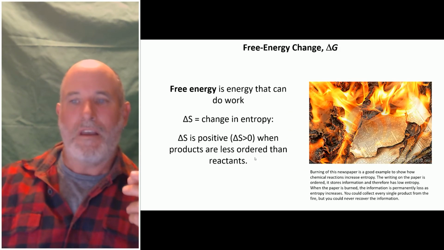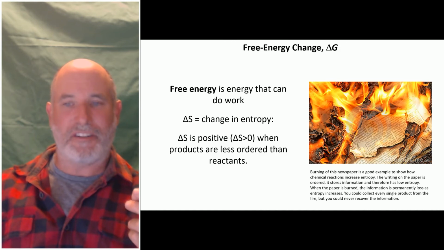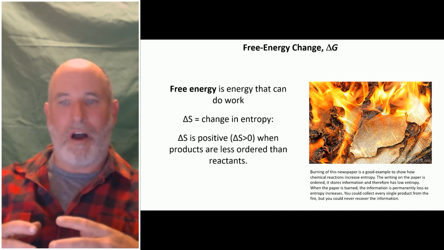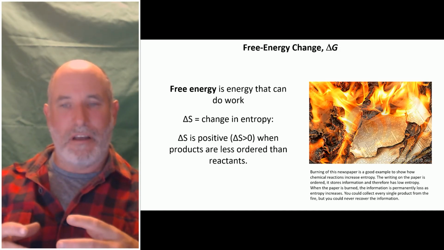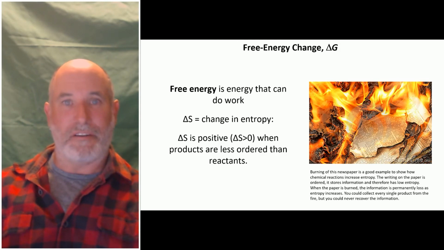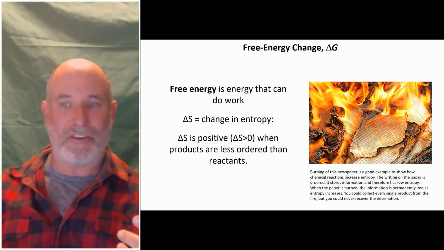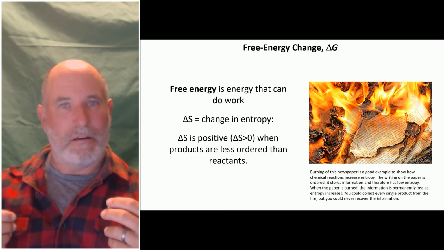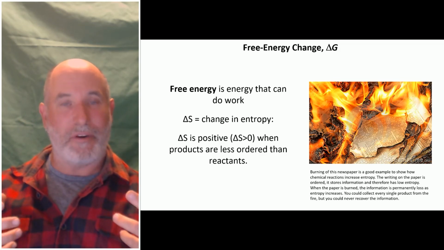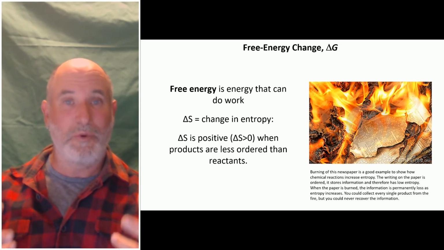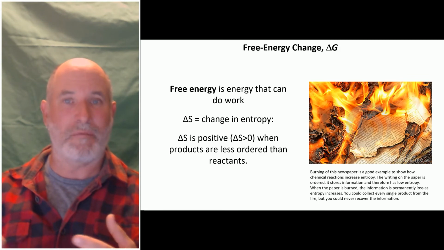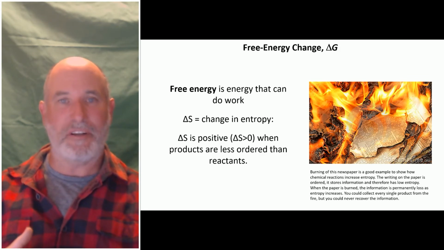Important that the delta S, that change in entropy, when the products are less ordered than the reactants, then delta S is greater than 0. And we're going to get that exothermic reaction. Okay. And also the amount of free energy released is also a really big function of temperature. So the higher the temperature, the more impact that entropy is going to have.